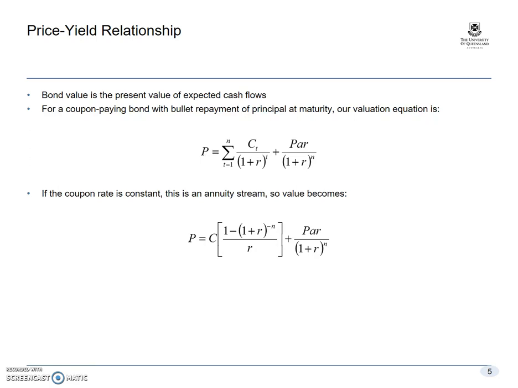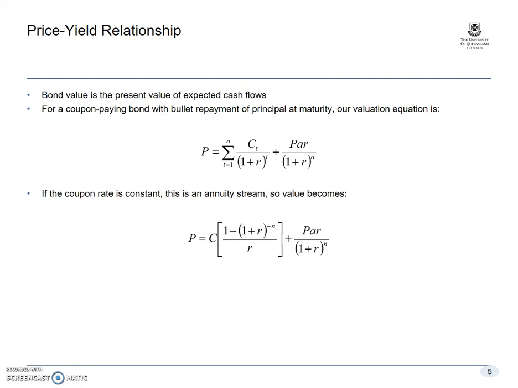So it's important to recognise that the longer the maturity of a bond, the greater the impact from a change in the cost of debt, because that cost of debt is raised to the power of time.